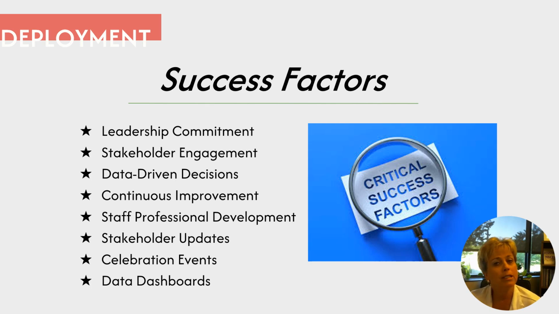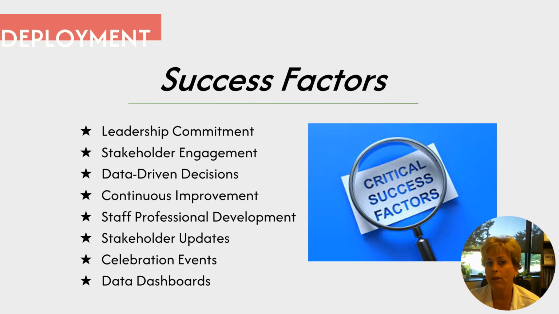We also need to make sure we're celebrating these events, even the small milestones, because sometimes we focus on, oh, is the student proficient or advanced? But how about if we just decided, you know what, let's just grow each student. So maybe they're below basic, but they don't have the knowledge they need to be proficient.